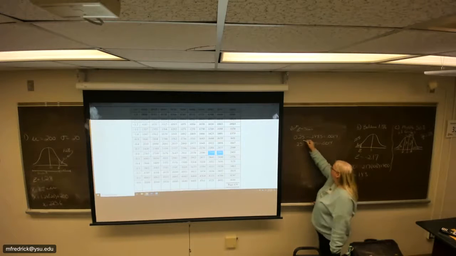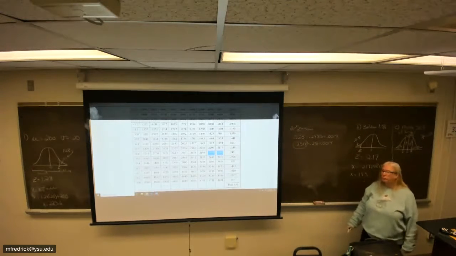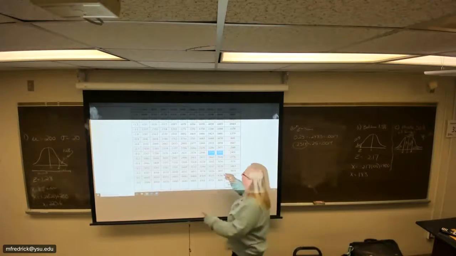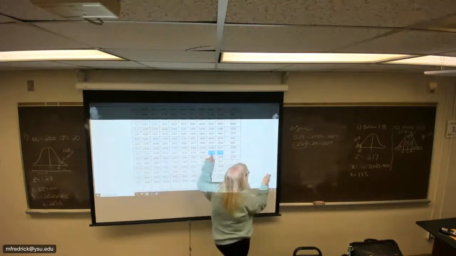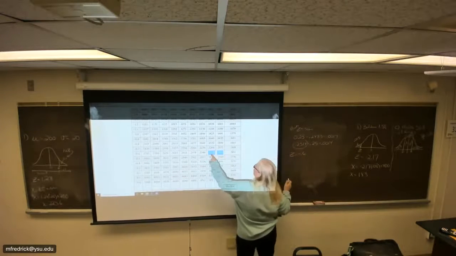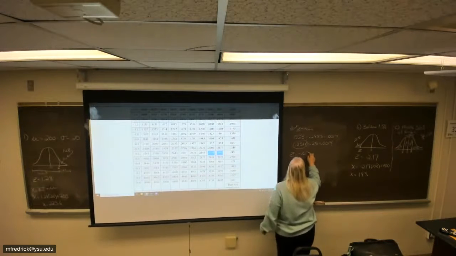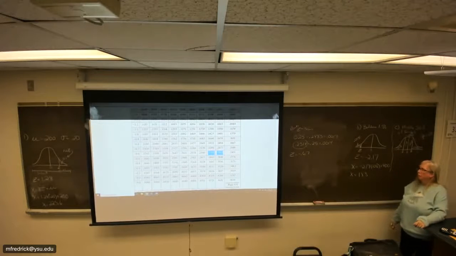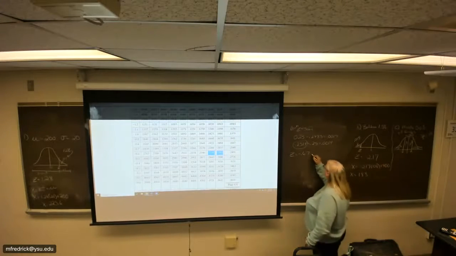It's closer to this one. Not by much, but it's closer. So we use the 0.2514. Go across, negative 0.67. That would be the Z value.